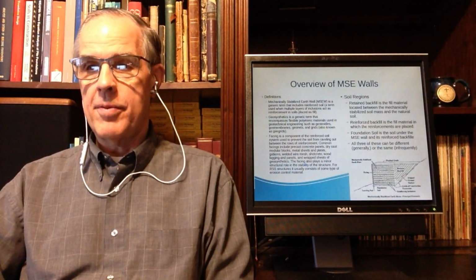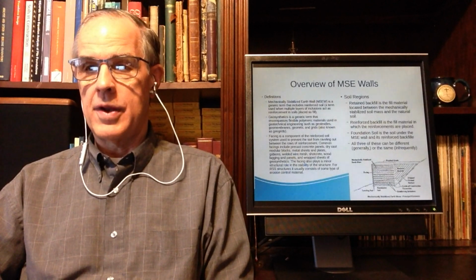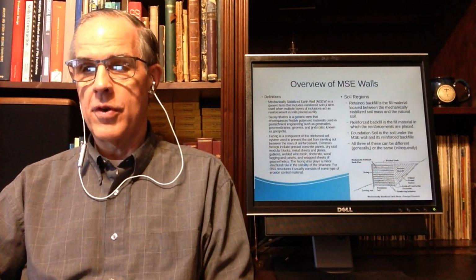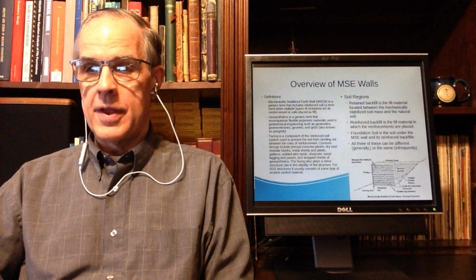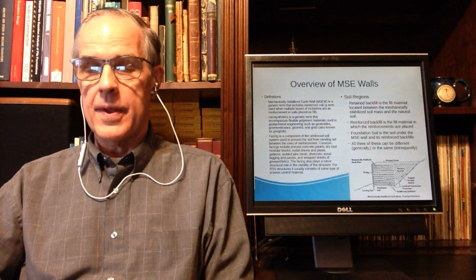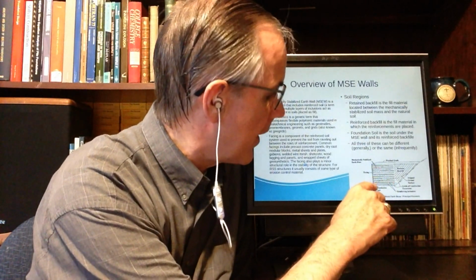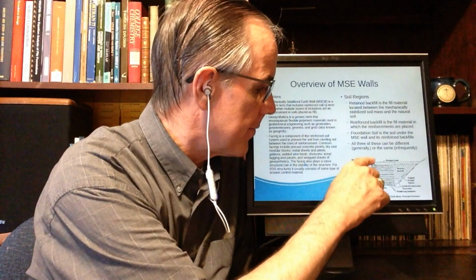A mechanically stabilized earth wall is a generic term that includes reinforced soil, which is a term used when multiple layers of inclusions act as reinforcements and soil is placed as fill. MSE walls are made up of several parts, and this diagram is a good way of illustrating that. On the front is facing.